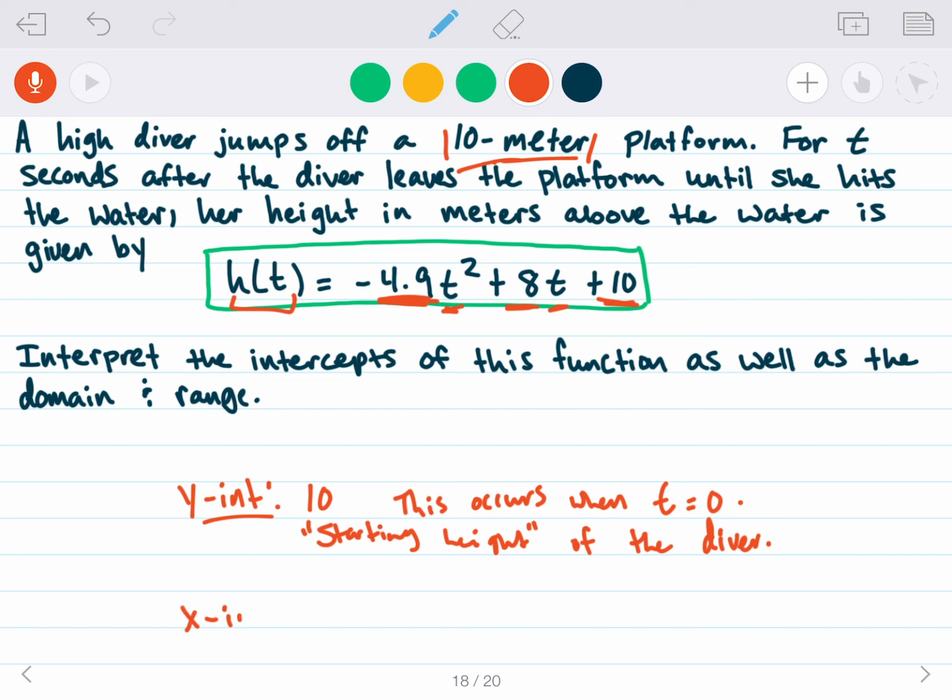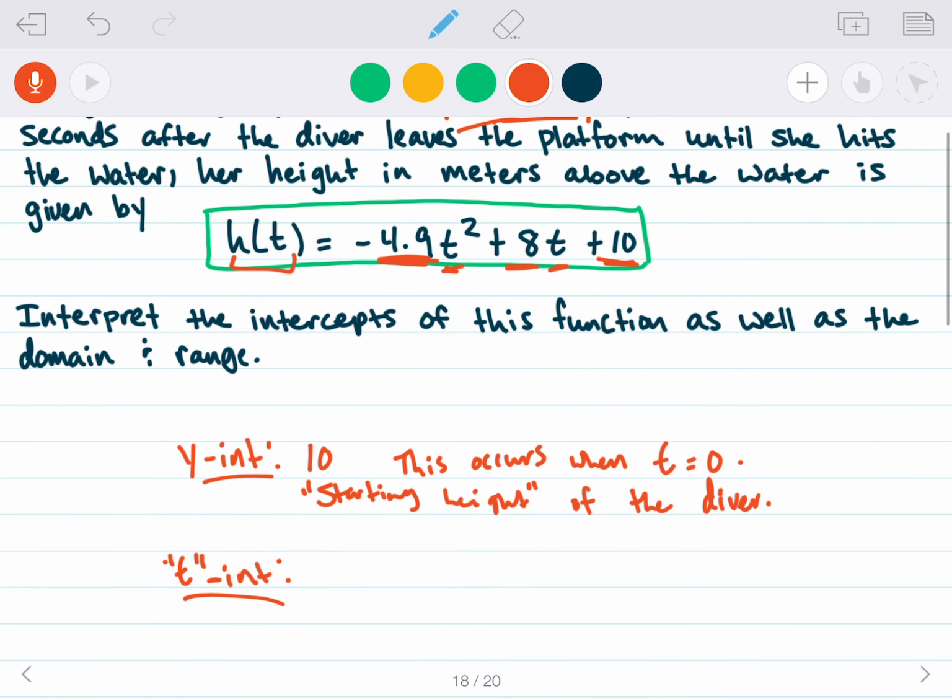What about the x-intercepts, or in this case, the t-intercepts, right? Because our variable just shifted to t, but we're thinking of it like we usually do with x. Well, how do we figure out what the intercepts are? Well, we have to set this equal to 0, right?